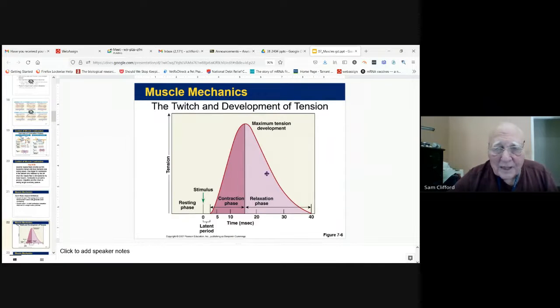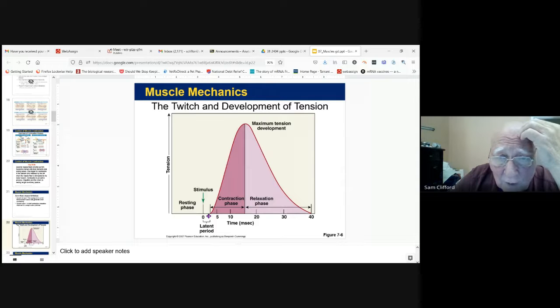When a muscle contracts, this is a muscle twitch. Remember, the skeletal muscle has to be stimulated by the nerve signal and the release of acetylcholine, which opens up the sodium channels, and sodium rushes into the muscle.